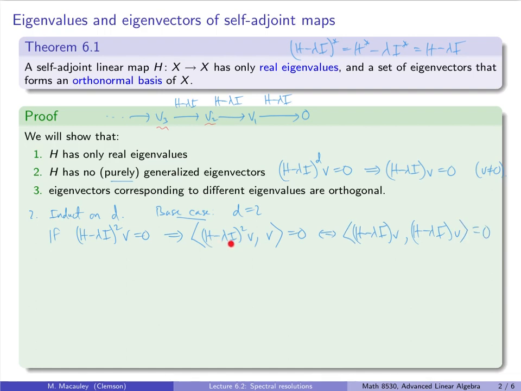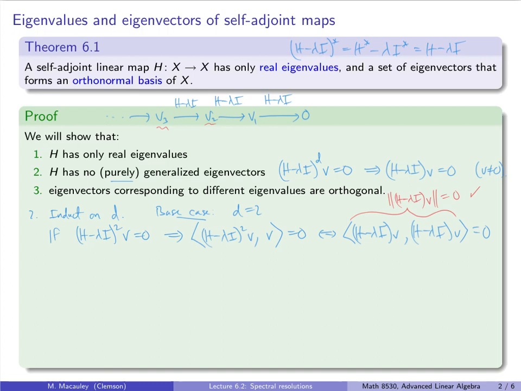So I just move one copy of this over to the right-hand side, and this thing right here is the norm squared of (h minus lambda I)v being 0. And so if this vector has norm 0, that means this thing must be 0, and that's exactly what we wanted to prove, that (h minus lambda I) times v equals 0. So that's the proof for the base case.